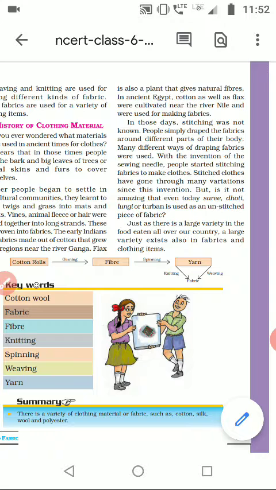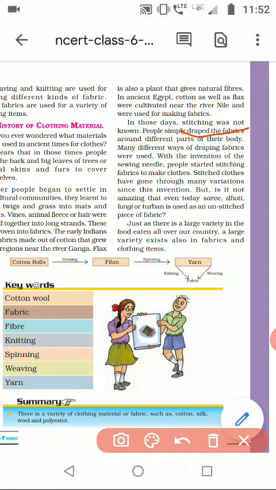Gradually, they developed a settled civilization near the rivers, and they started growing these plants for the fibers. They made thread from the fibers and started weaving these threads and made a long piece of cloth, a long piece of fabric which could be draped.